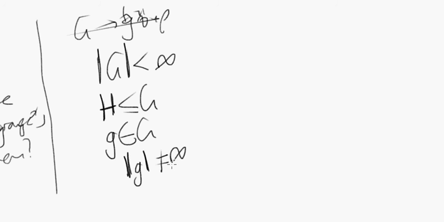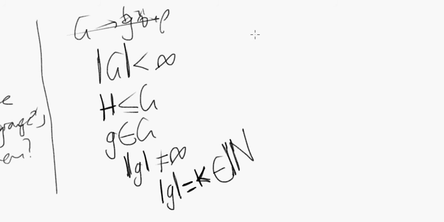It's not infinite. That is, the order of g is finite. So that means that the order of g is actually some finite natural number k, okay? Let's call it k, and k is some element of the natural numbers.